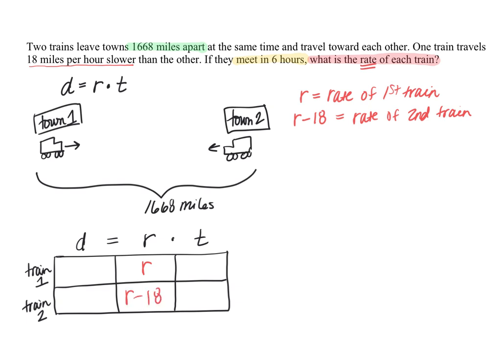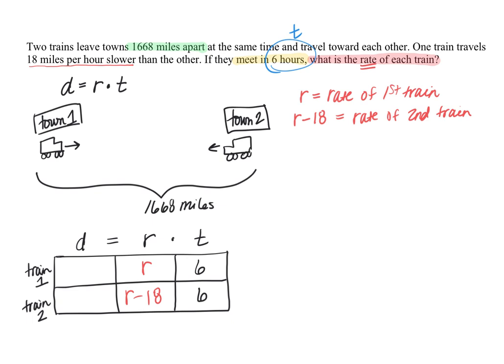Now for the time, remember, it says that the trains are going to meet in 6 hours. That's the time. So that's going to be the time that each train has traveled. They both have traveled 6 hours when they meet. So these are both going to be 6. Now, the distance is what I don't know as well. I'm not sure of the distance that each individual train has traveled.